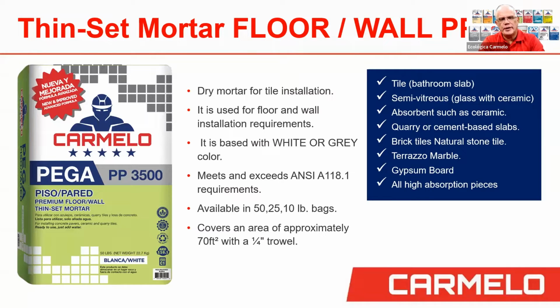Comes in white and gray, and like it says here on the blue box, use it for tiles in the bathrooms with absorbent materials, right? Brick tiles, natural stones, so all high absorption pieces. This is where you can use one without a polymer modified thin set, right?